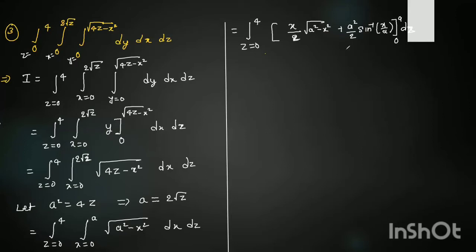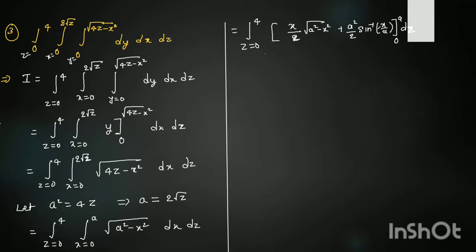Now apply the limits. Check what you will get if you apply a in both terms. In the first term, if you substitute a, it is 0.